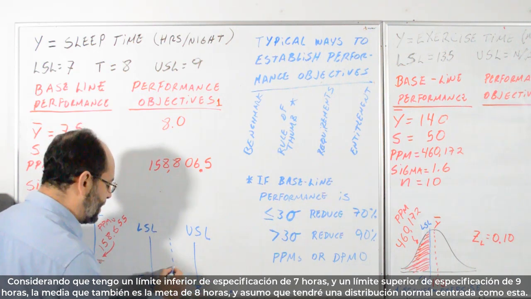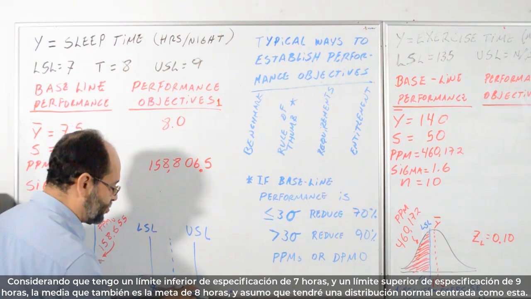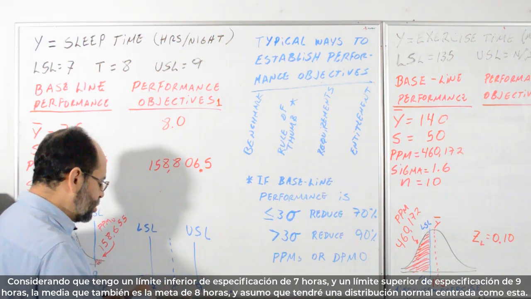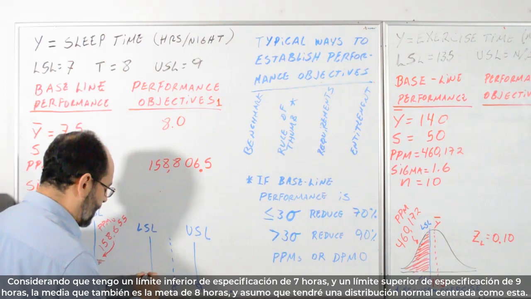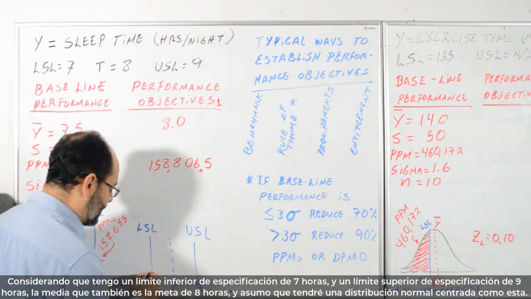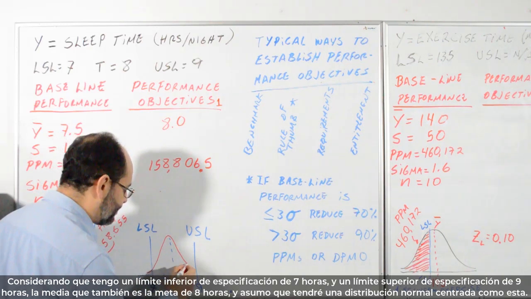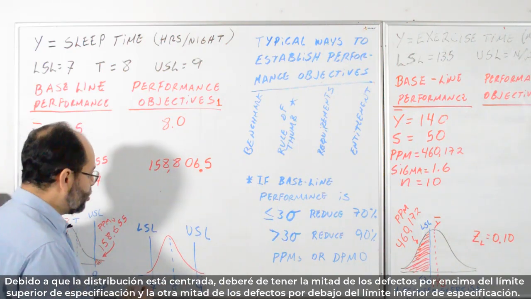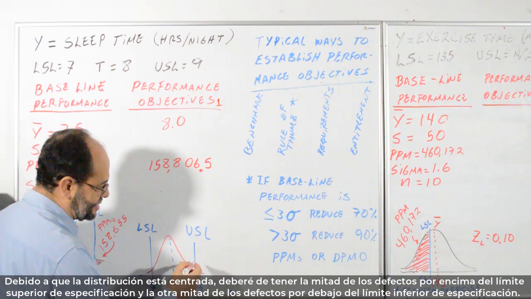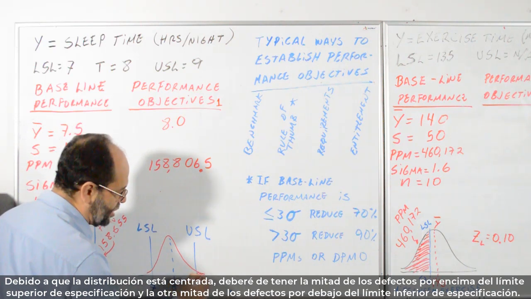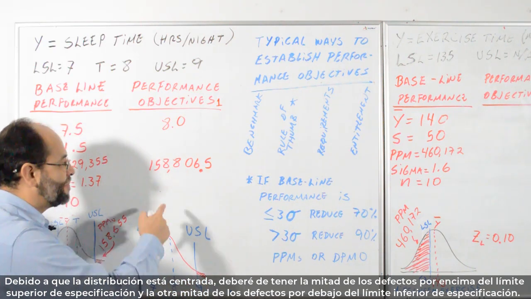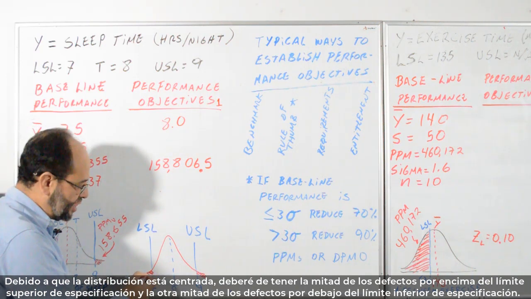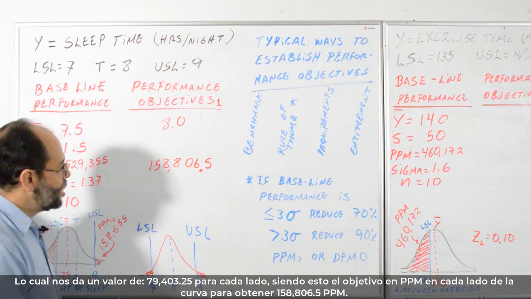I want to have a mean, which is also the target, of 8 hours, with a normal distribution centered here. Basically, I would like half of these defects above the upper specification limit, because this is centered, and half of these defects below the lower specification limit.